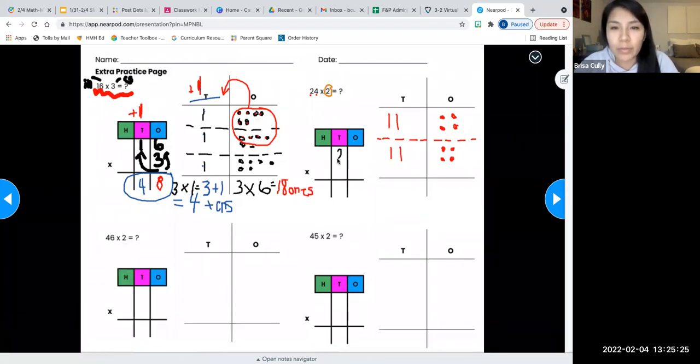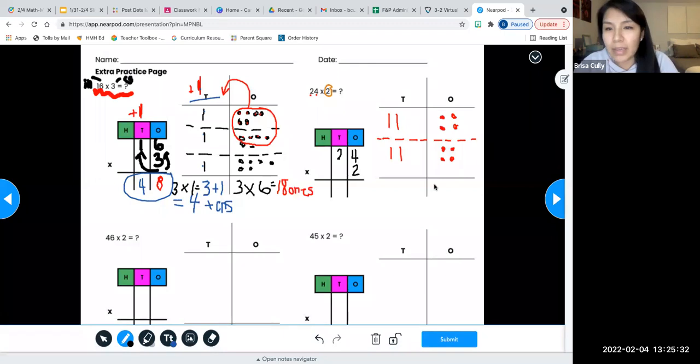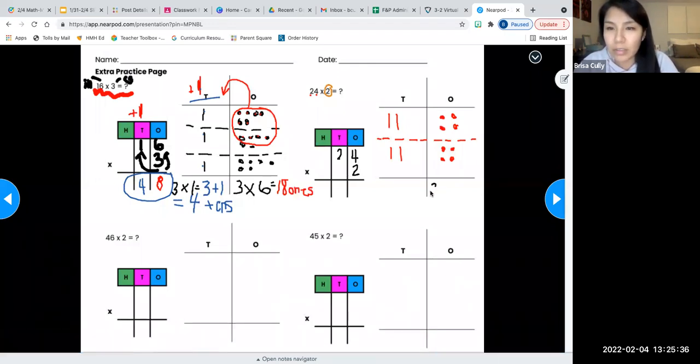Then vertical form: tens go in the tens, ones go in the ones, groups go on the bottom. And again, if you want to shorten your equation, that's fine. 2 groups times 4 ones equals 8 ones.